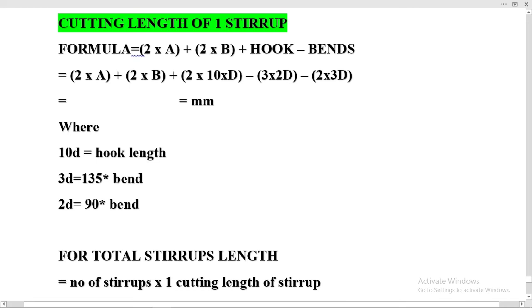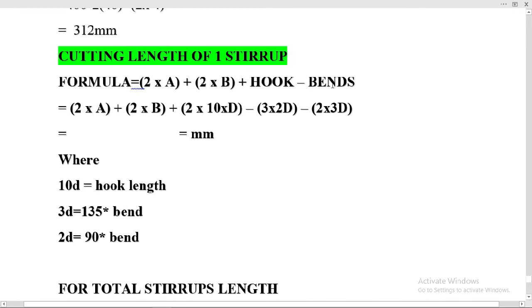We multiply with 2 because we have 2 vertical lengths in one stirrup, plus hook length. We have 2 hooks for one stirrup, minus bends. In one stirrup we have 3 90-degree bends, so that's why we multiply minus 3 into 2d. For a 90-degree bend, we have formula 2d.